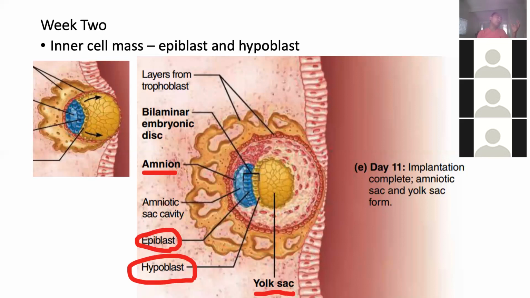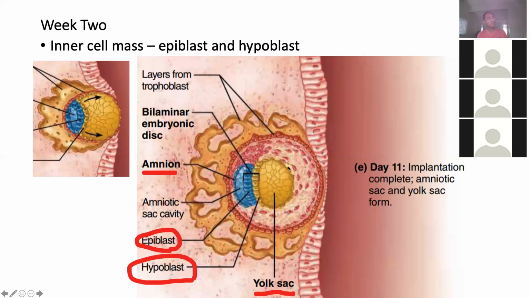Now we were talking about the amniotic cavity, and we were talking about the yolk sac. And now another terminology comes in. The cell which creates the lining of the amniotic cavity is called amnion. And the cell which develops the amnion and amniotic cavity is called epiblast.